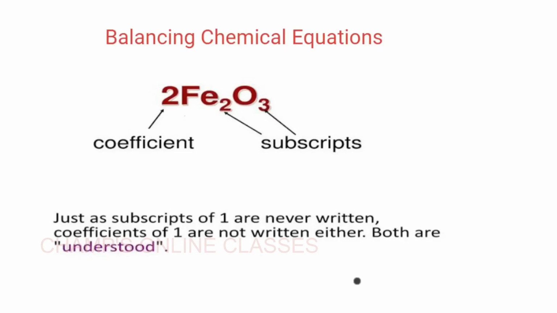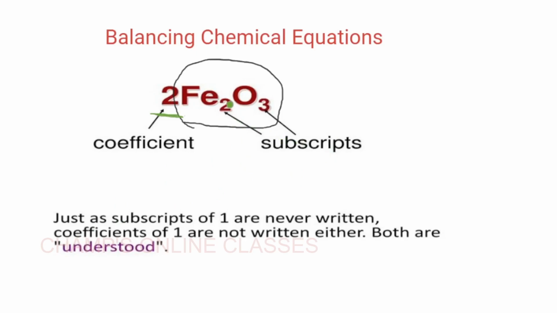So now let's discuss some basic points you must know before starting. This is your formula of ferric oxide, that is iron oxide, Fe2O3. Now the number you write in front of the formula is the coefficient. The coefficient is multiplied with each term of your formula, that is, each element of your formula.